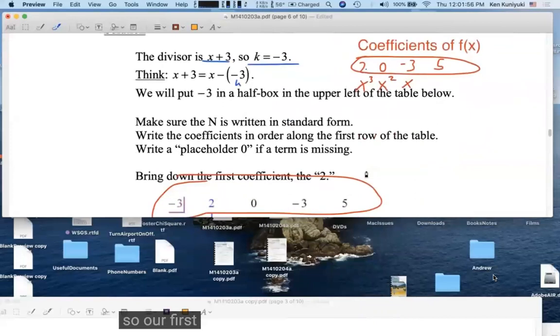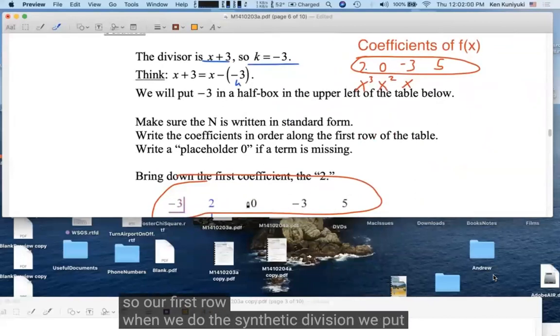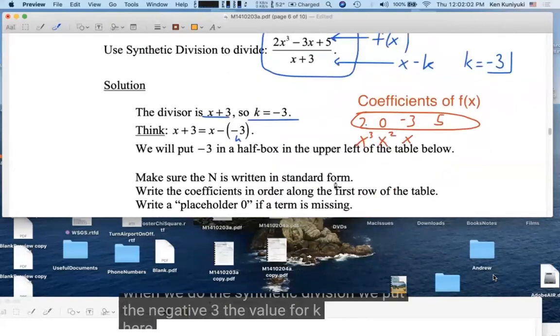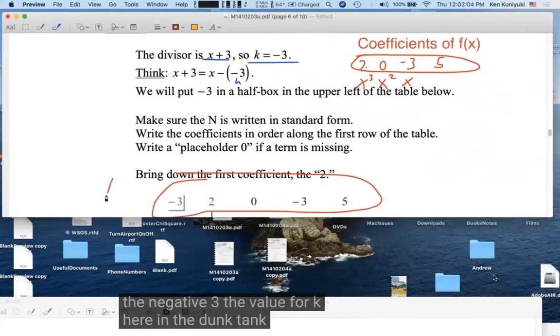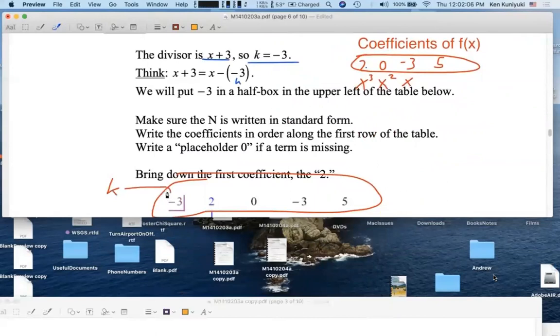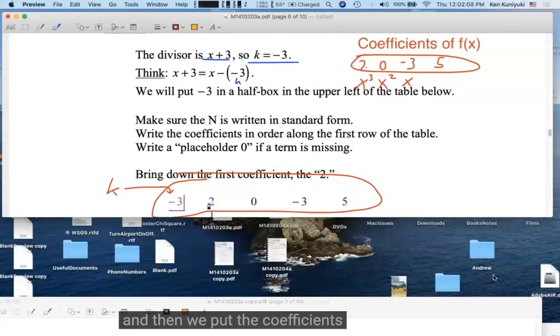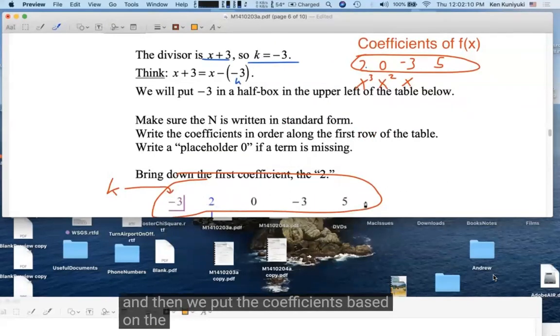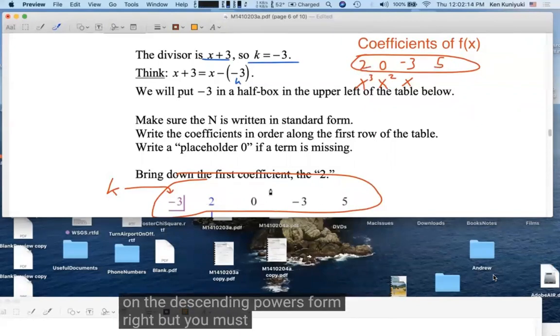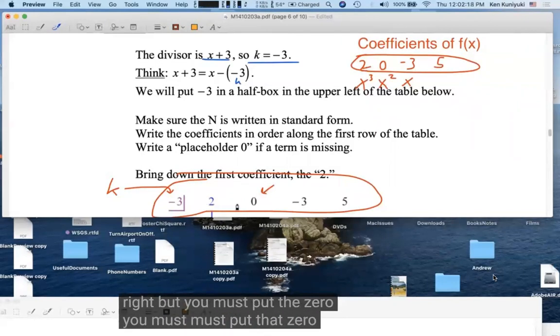So our first row, when we do the synthetic division, we put the negative 3, the value for k here, in the dunk tank. And then we put the coefficients based on the descending powers form, right? But you must put the 0. You must put that 0 there, corresponding to the missing term.